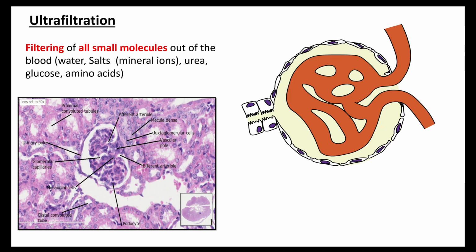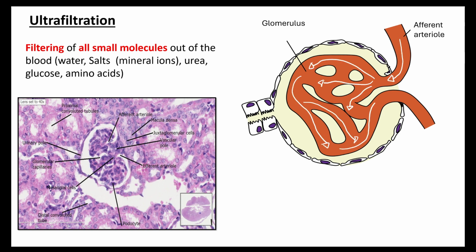So how does it happen? Well, the key thing is that blood is flowing into the glomerulus through what's known as an afferent arteriole. We've got our glomerulus, our bundle of capillaries, and the blood flows in through the glomerulus and out through the efferent arteriole. So it's really important we look at the size of the lumen in the afferent and the efferent.